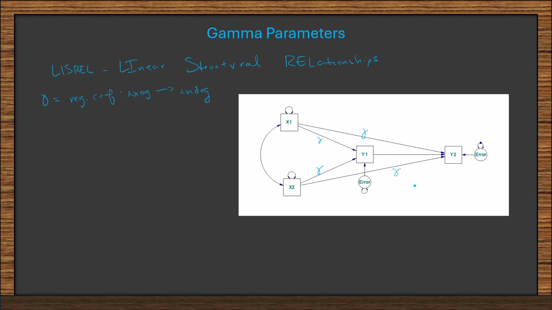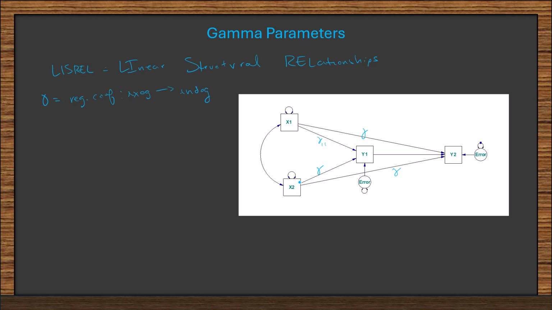Now, because we have 4 gammas, we have to make them distinct, essentially. The way we do that is we put subscripts, and we're going to put 2 numbers in the subscripts to refer to the gamma we're referring to. The first number is going to refer to the endogenous variable being predicted, in this case y1, and so it's going to be a 1. The second number in the subscript will refer to the exogenous variable doing the predicting, which is x1, so we'll call that gamma 1,1.